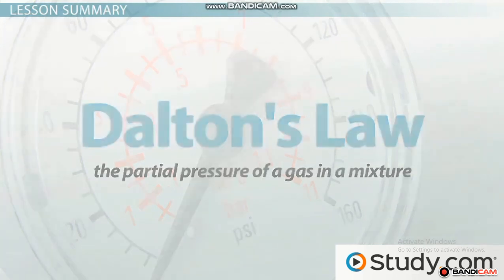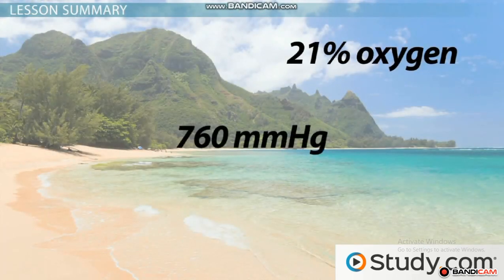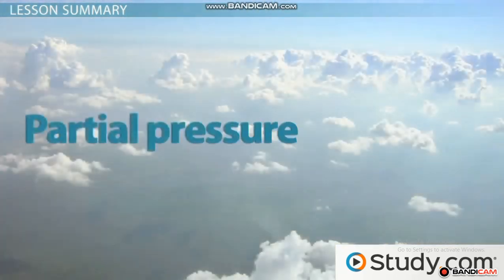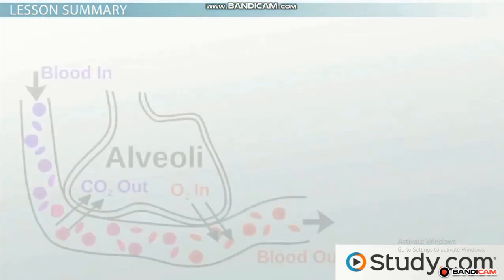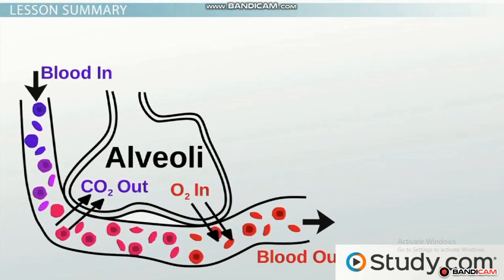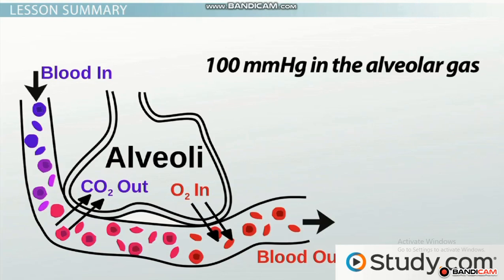Since inspired air is 21% oxygen and atmospheric pressure is 760 millimeters of mercury, that is at sea level, the partial pressure of oxygen is 0.21 times 760 millimeters of mercury, and that's 160 millimeters of mercury. As air moves into the alveoli, water vapor and carbon dioxide are added, and that reduces the partial pressure of oxygen to about 100 millimeters of mercury in the alveolar gas.